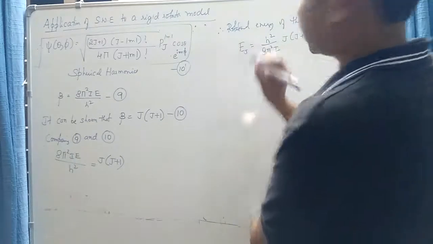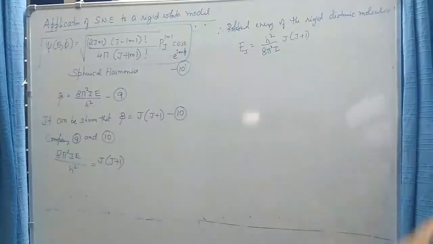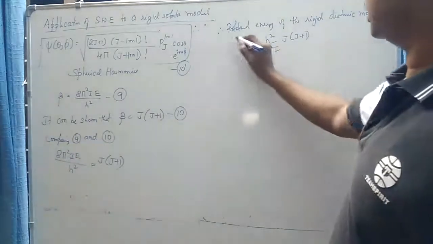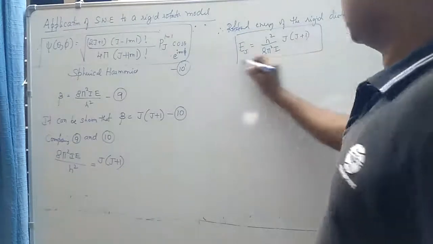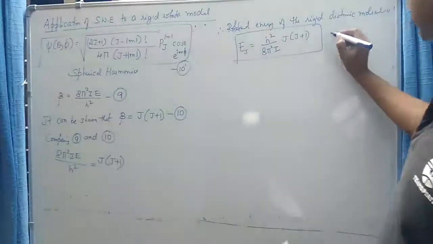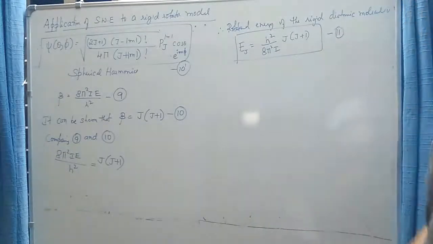I use the subscript j because the value of energy depends on the rotational quantum number. So this is the expression for energy which you have already encountered in spectroscopy, where you discussed the rotational spectroscopy of a diatomic molecule by treating it as a rigid rotator. So now we know how we obtain this expression for energy.